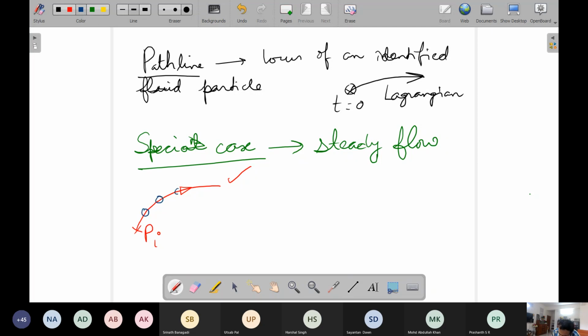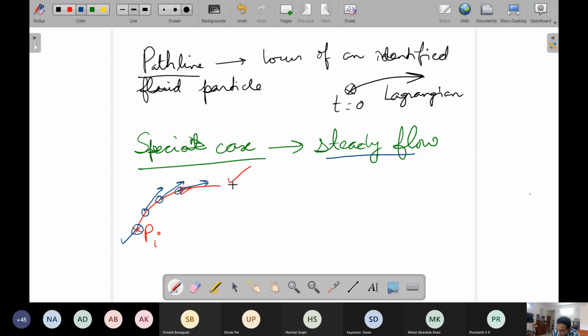Why? Because if it is a steady flow, at all instants of time you will have the velocity vectors like this. That means the particle has actually followed this line. Not only that, the locus of all the particles which at some instant of time had passed through this injection point will be constrained along this red line only, because the velocity is not changing with time.